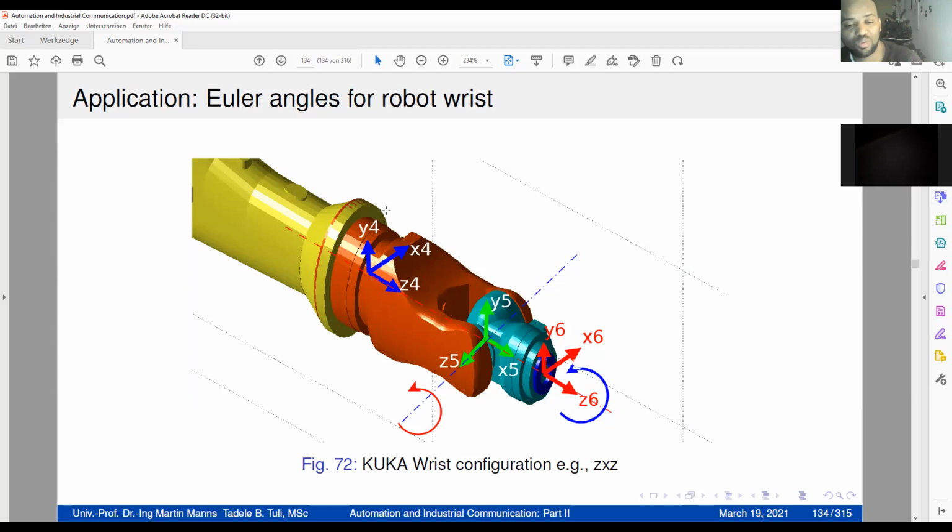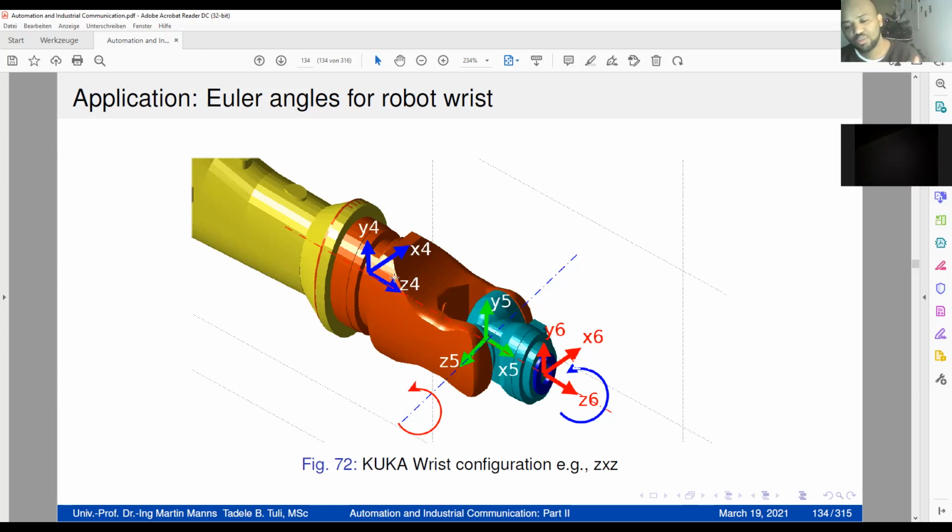But only if you compare with respect to 4, rotate Z4. For joint 5, the rotation becomes rotate about X4. For joint 6, it becomes rotate about Z4.